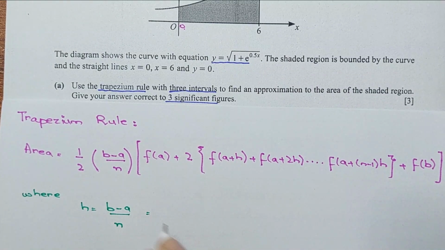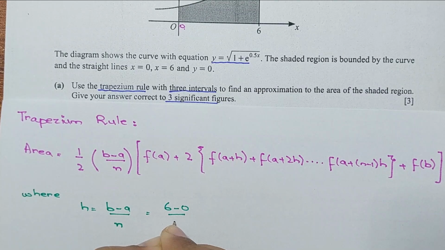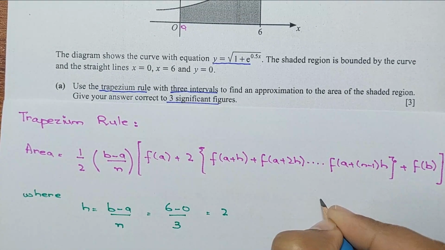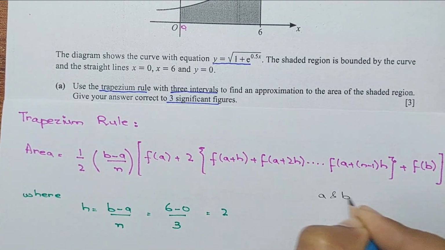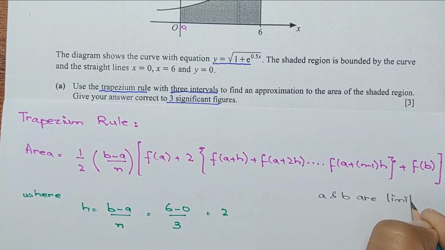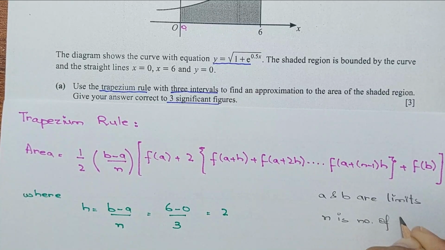Now, what are a and b? a and b are the limits, n is the number of intervals.